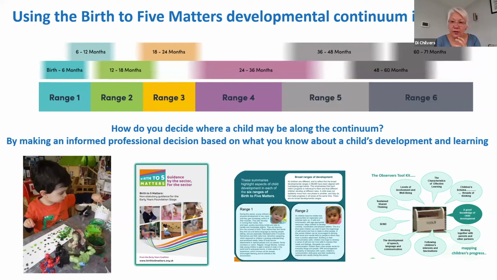And it's how you understand things like child development, the characteristics of effective learning, special educational needs, the development of speech and language, all those sort of things. Perhaps the development of schematic, threads of thinking, all those things, children's interests, all these things are helping you make this very informed, best fit decision about where the child is. So basically, you've brought everything into consideration through this summative assessment.